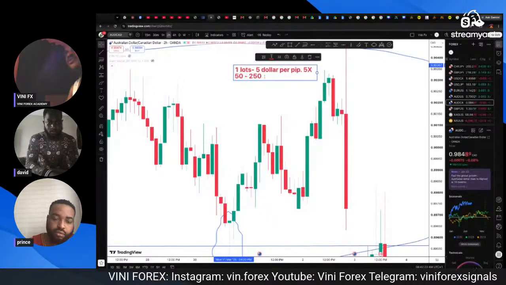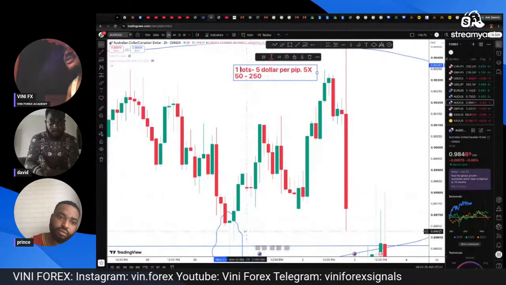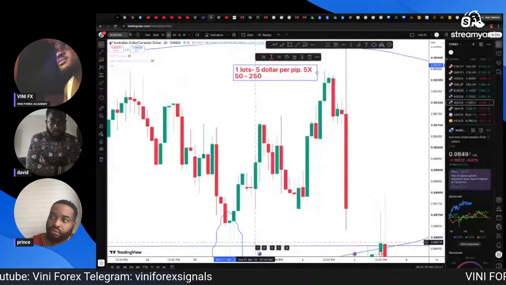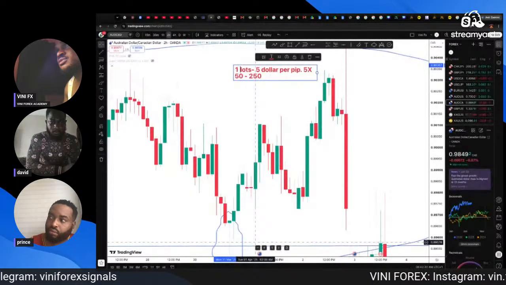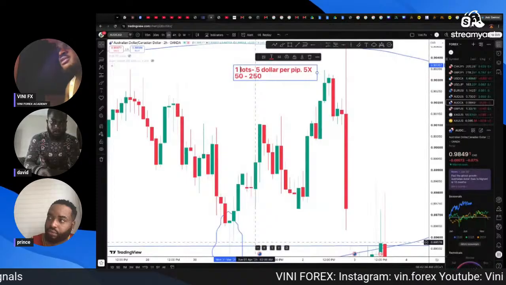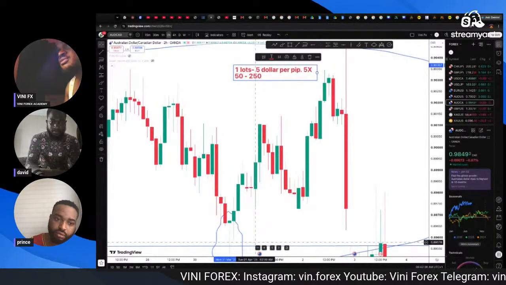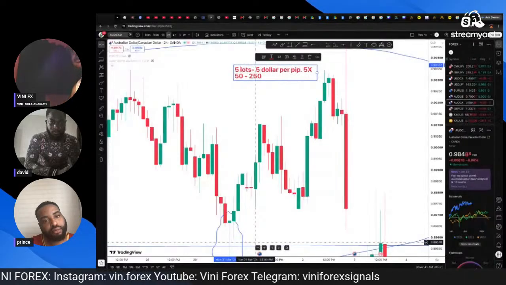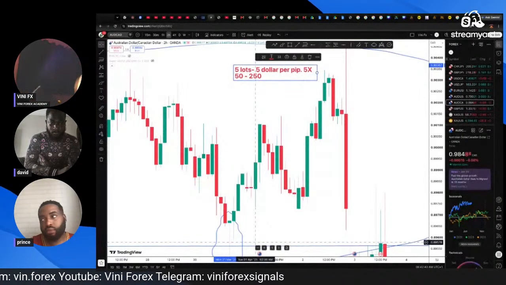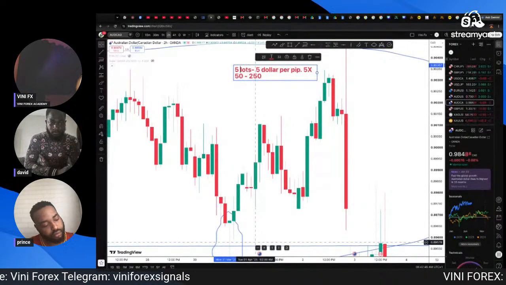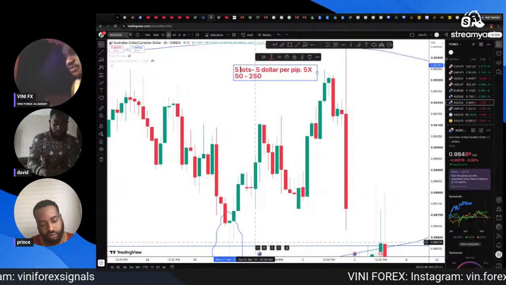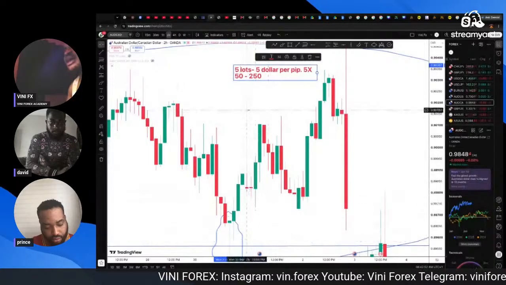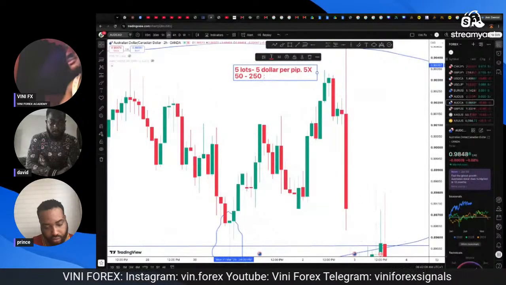Assuming somebody bought with one standard lot, they would be making $500 on this trade. Somebody that entered with 5 standard lots would make $2,500 on this same trade.